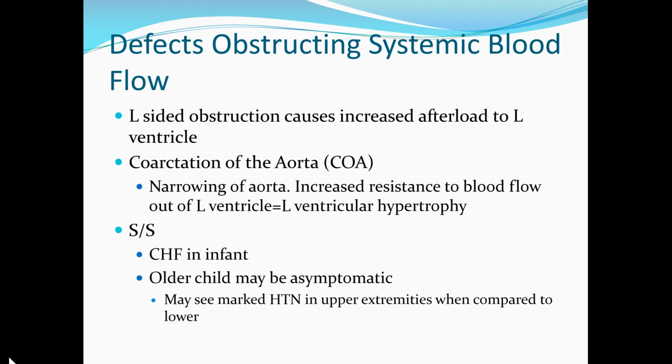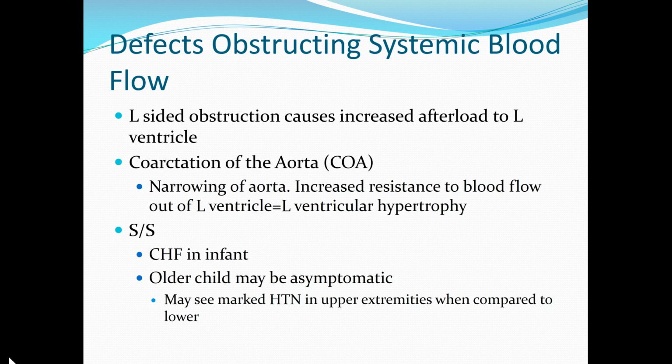Okay, so defects obstructing systemic blood flow. You're going to have left-sided obstruction that causes increased afterload to the left ventricle, and you're going to have coarctation of the aorta, or COA, which is a narrowing of the aorta, and increased resistance to blood flow out of the left ventricle, which equals left ventricle hypertrophy.